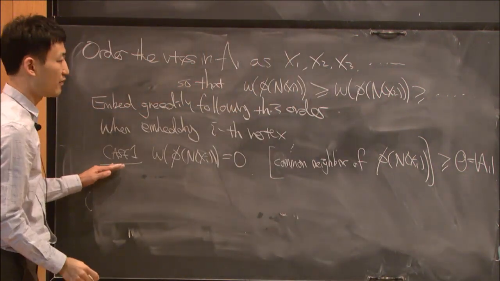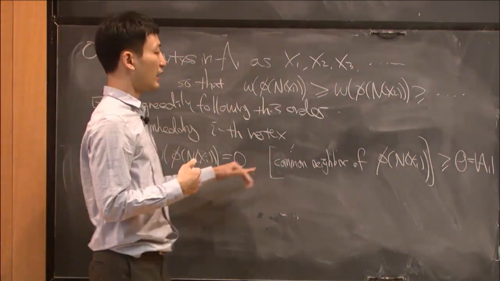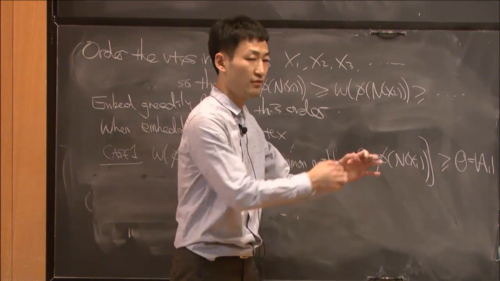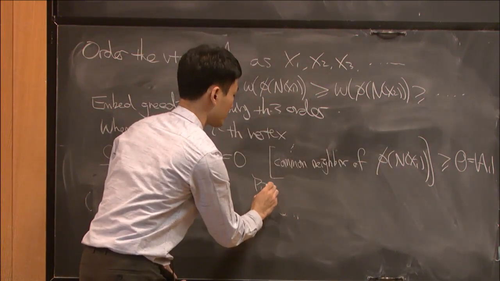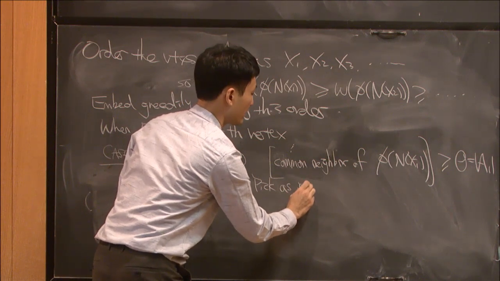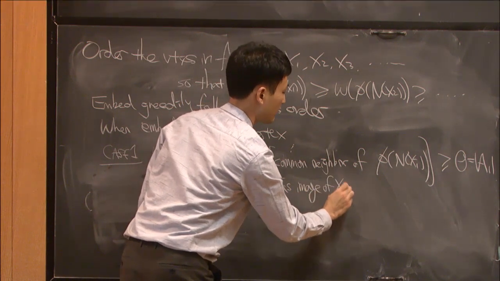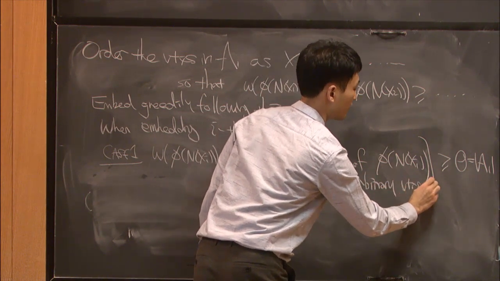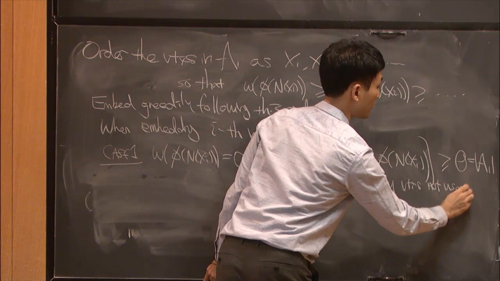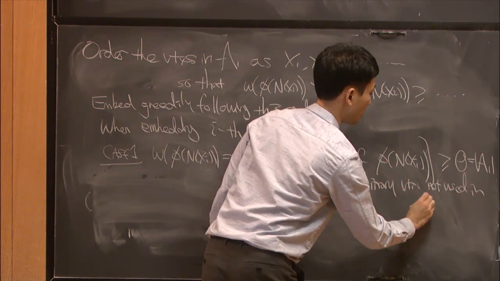So if case 1 happens, no matter what happened before, I already have enough common neighbors of where the neighbors of xi went to. Meaning, pick as image of xi arbitrary vertex not used in the common neighbor.